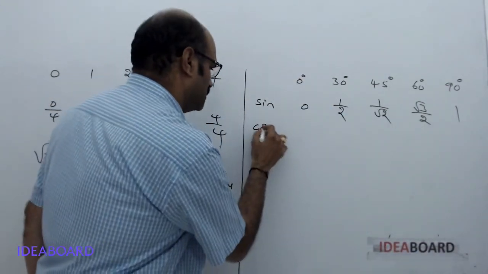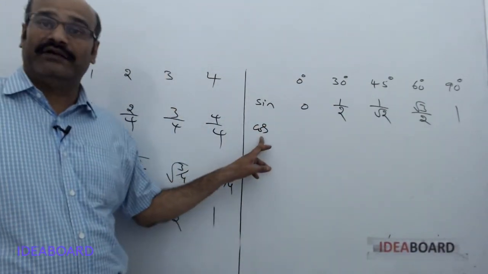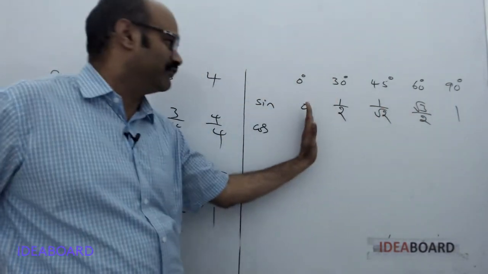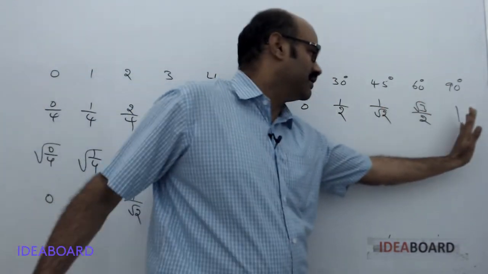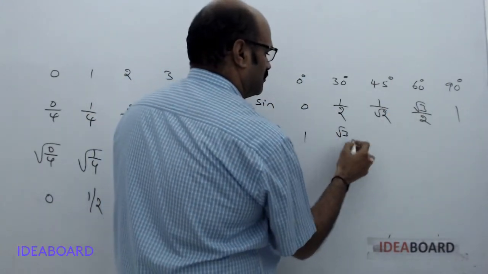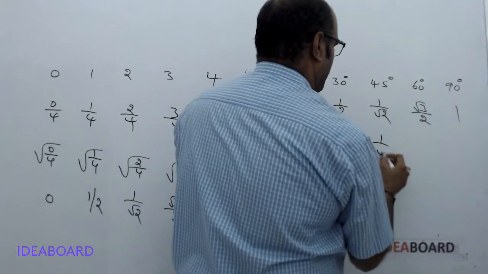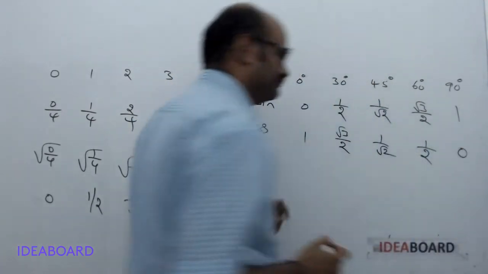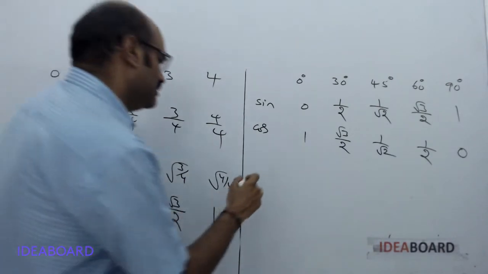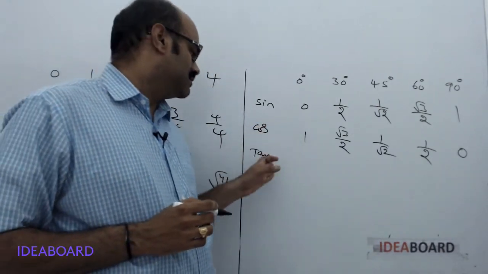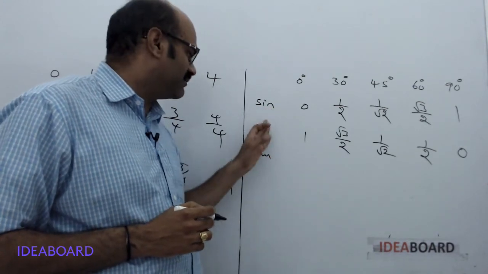Now for finding the values for cos, just write the reverse of sine. So you have to take 1, and write in the reverse order: root 3 by 2, 1 by root 2, 1 by 2, 0. Next, for tan, we know that tan theta is always equal to sin theta by cos theta.